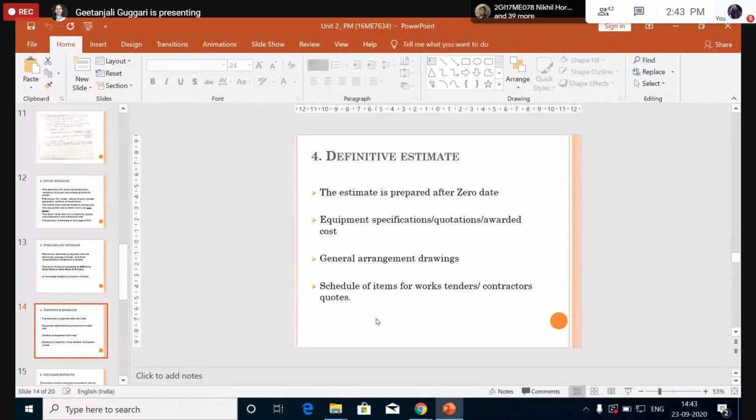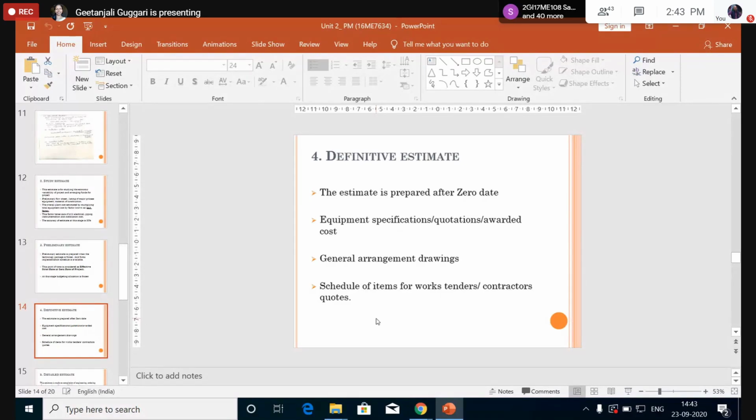At the same time, the schedule of items for work tenders and the contractors' quotations, and the awarded cost for those quotations, you will also be able to give. So the accuracy of the material takeoff covers all the things: equipment, piping, electrical work, civil construction work, licensing.